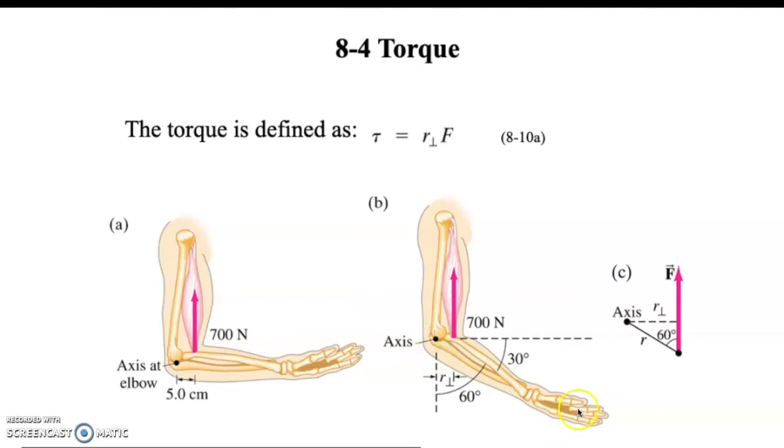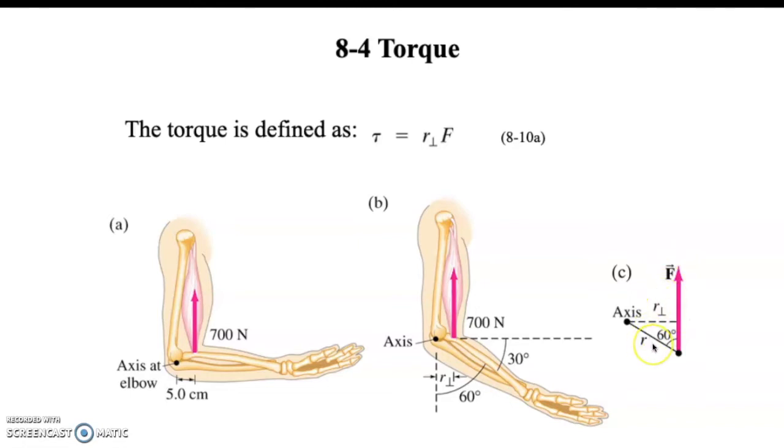And we want to see the torque after we bend our elbow some, all right? So we've got to find one perpendicular, which would be here. So we're looking at our axis and the distance here, and our angle 60. So this would be our radius, and then our force would be the 700 newtons.